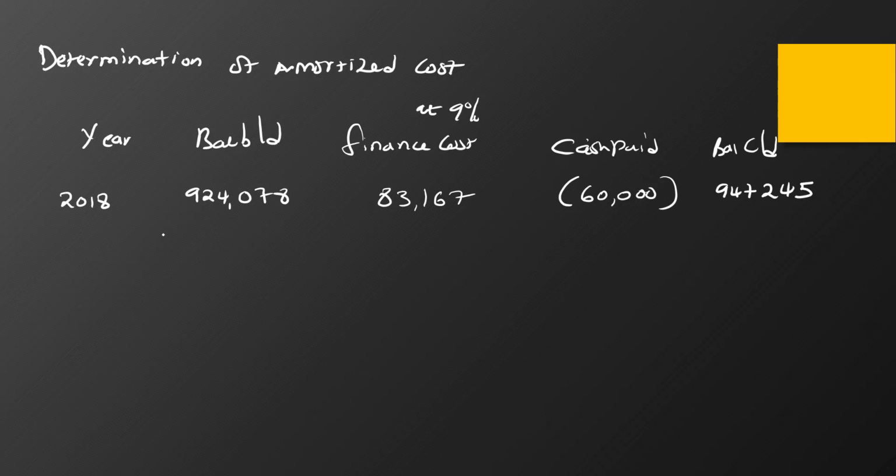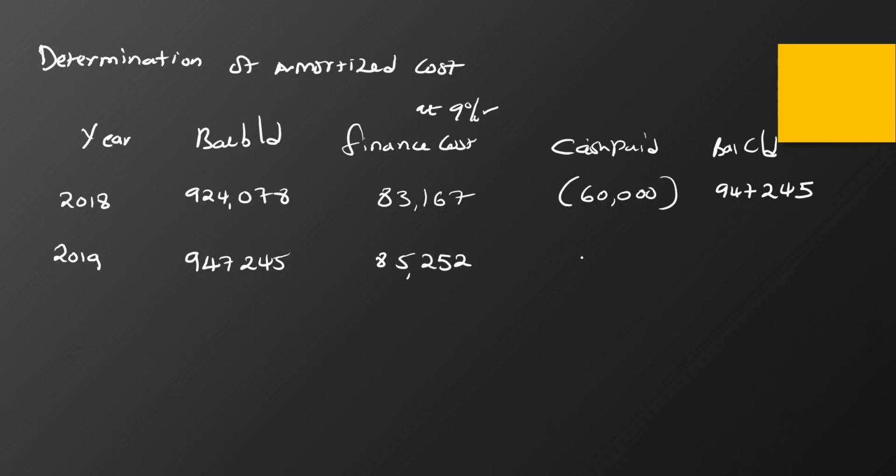Which gives us 947,245. In 2019, we take the balance carried down from 2018 and bring it as the balance brought down for 2019, which is 947,245. The finance cost will be 9% of 947,245, which is giving me 85,252.